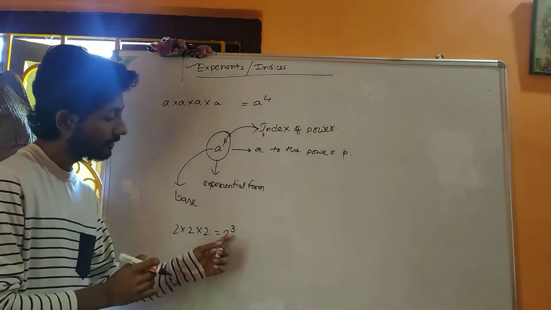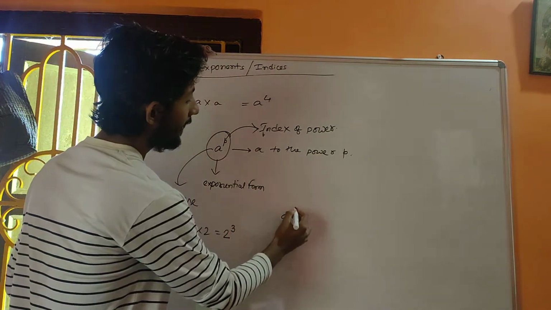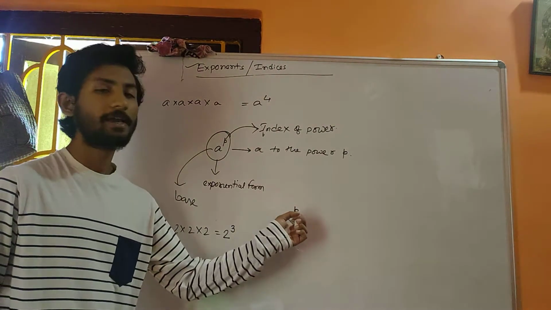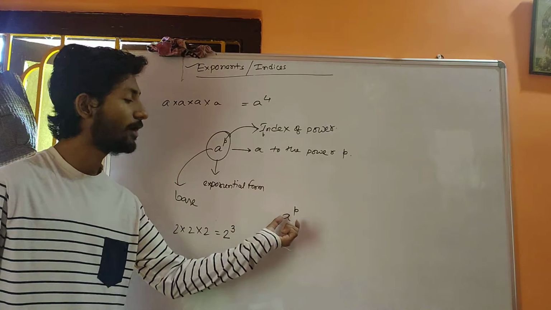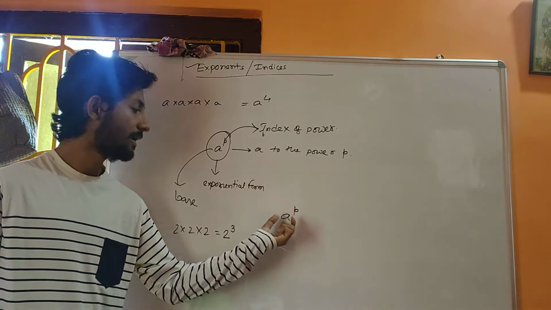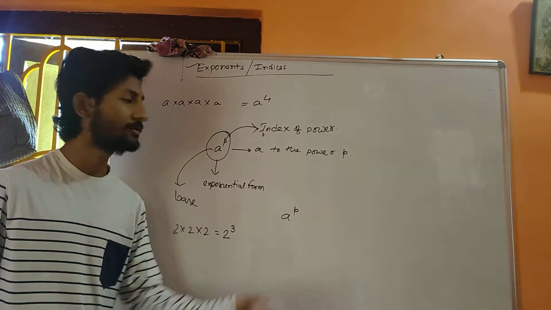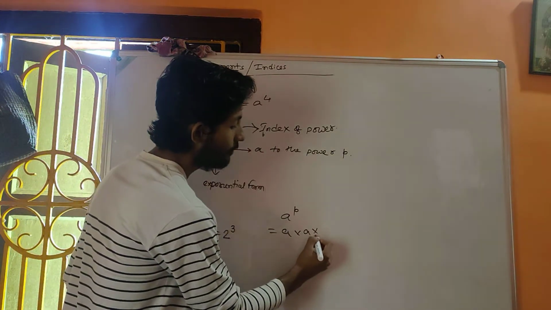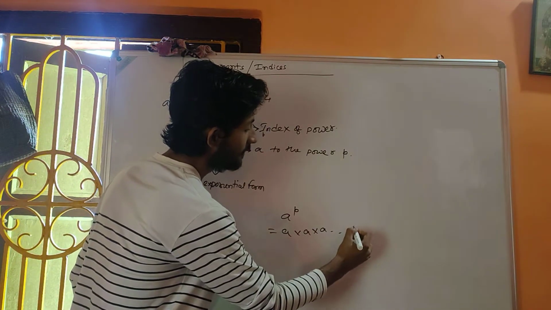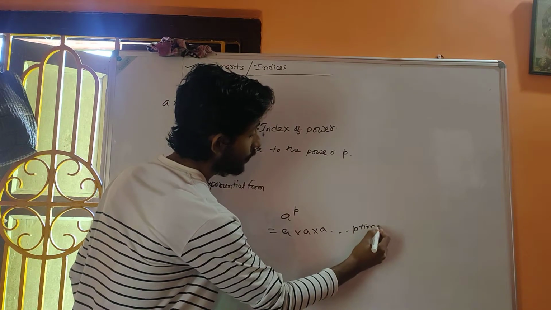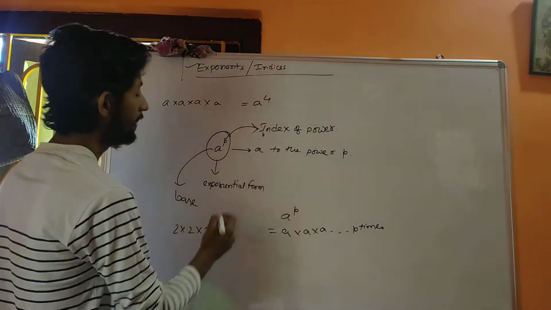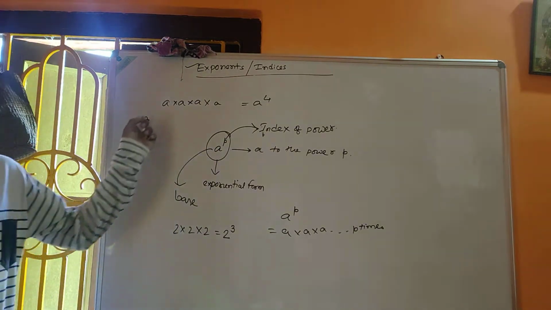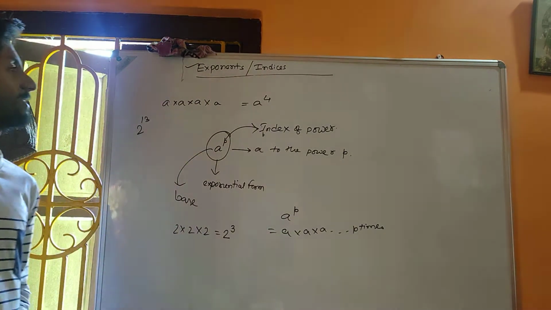So if a to the power p is written, what is the meaning of it? p is the power, that means a will be multiplied how many times? p times. Similarly, if 2 to the power 13 is written, 2 is multiplied 13 times.